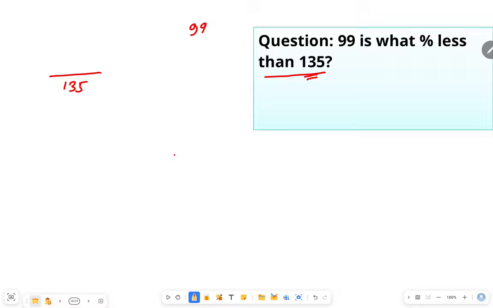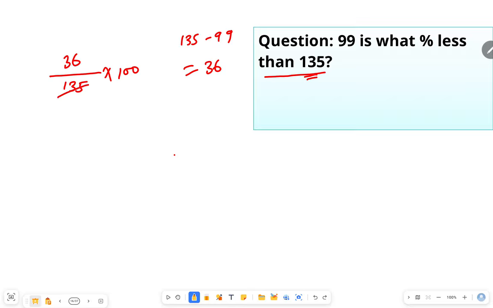If we subtract this number with 99, how much will it give? 36. And we have to change it into the form of percentage, right? If you divide this, how much will it give?